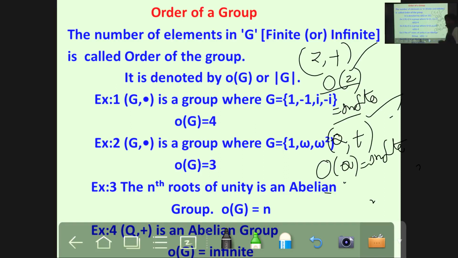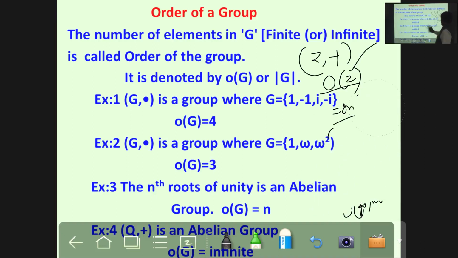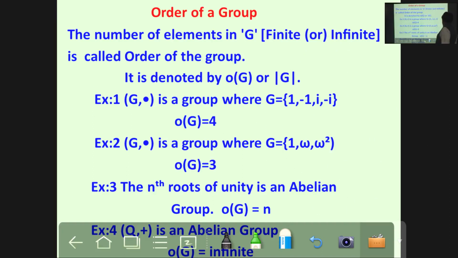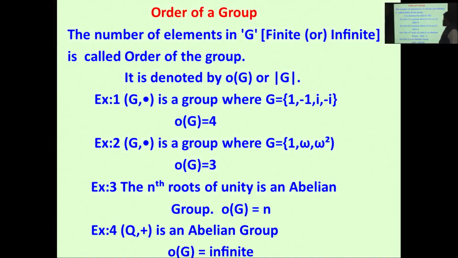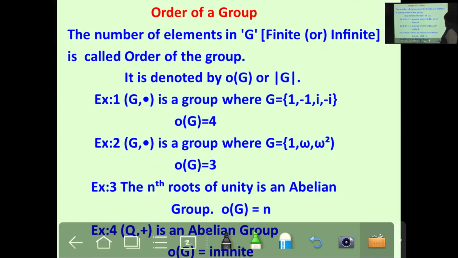Infinite, because Q is infinite. What is R plus? This is also a group. What is the order of R? Infinite, right? Therefore, Q plus is an abelian group, but order of G equals infinite.